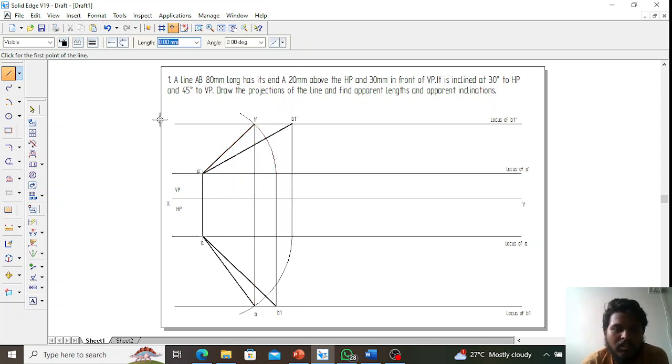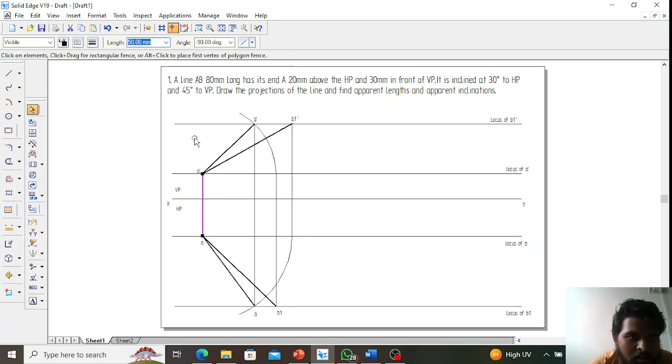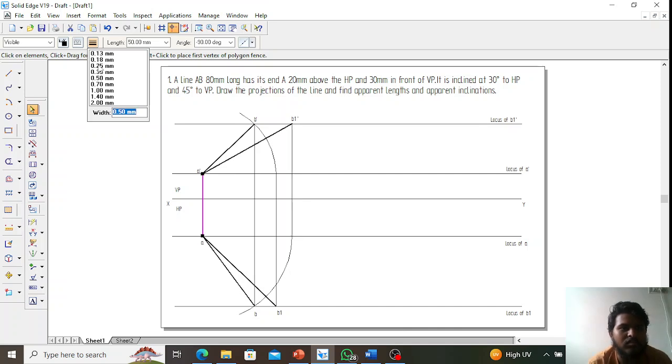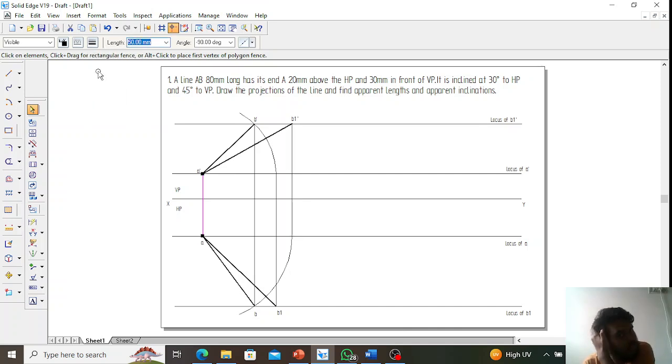This is the projector line. We'll do the same. Actually this will not be 0.5 mm, it will be 0.35 only, this line also. So yeah, these are the two projectors, and our drawing is complete.